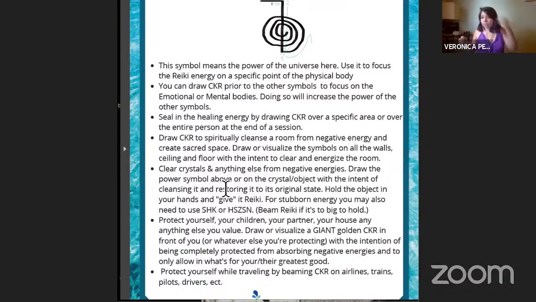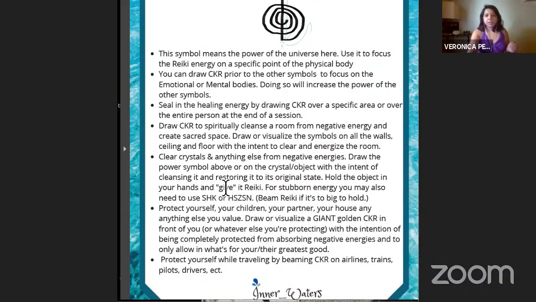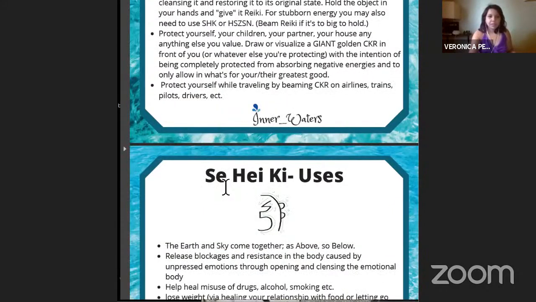This is a really great thing to do prior to your sessions. You can also use it to protect yourself while traveling by beaming Chokurei on airplanes, trains, pilots, drivers, whatever else.